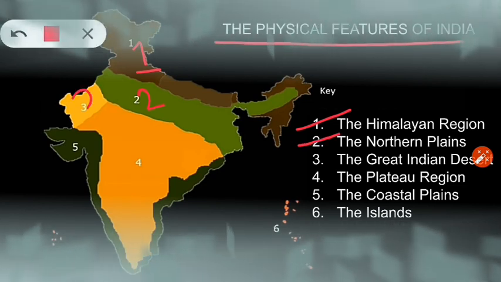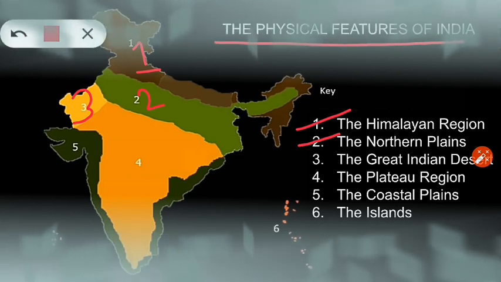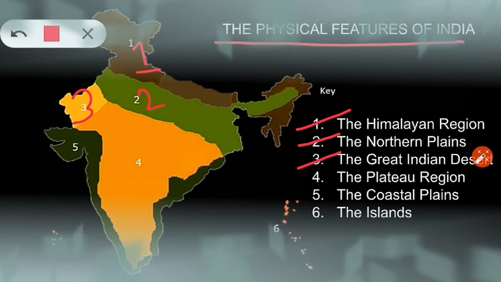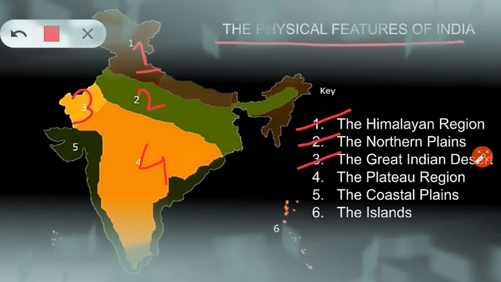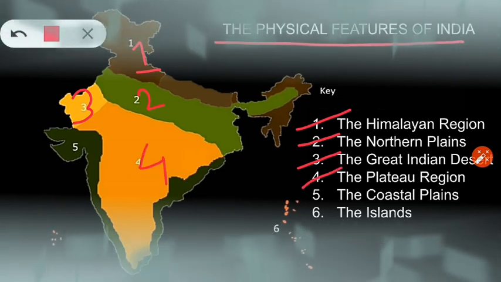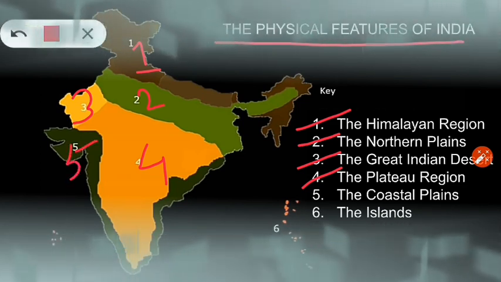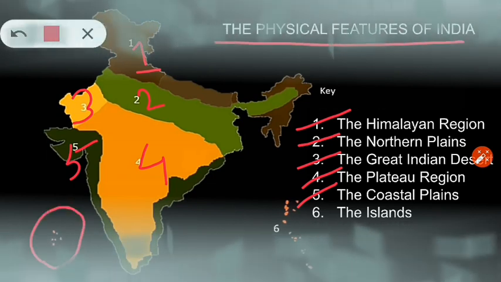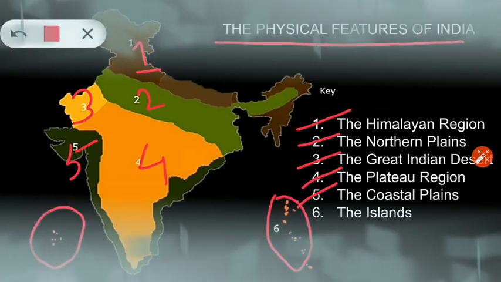The third zone, that is the yellow color, stands for the Great Indian Desert. The fourth one with the orange color stands for the plateau region. The fifth one with the dark green color stands for the coastal plains. And the sixth one that you can see down there is the islands.